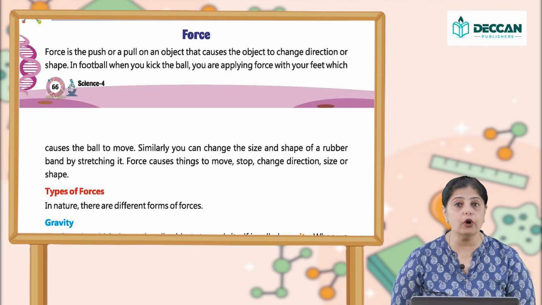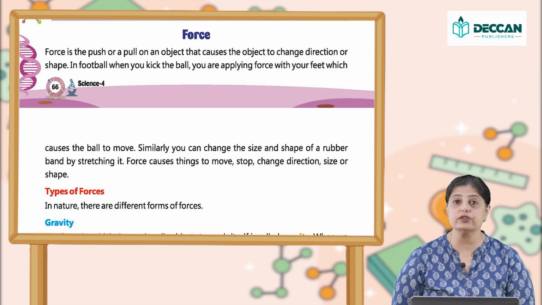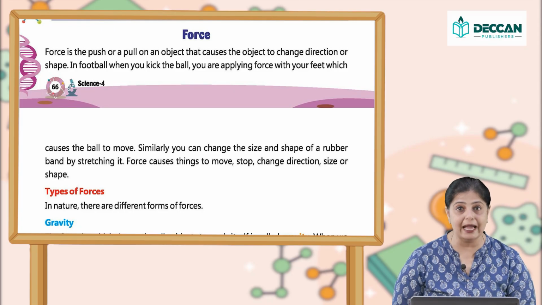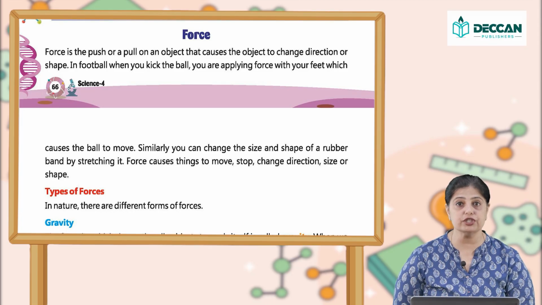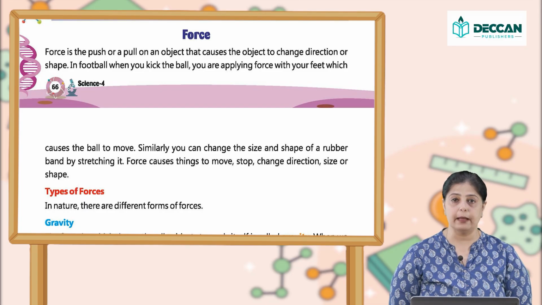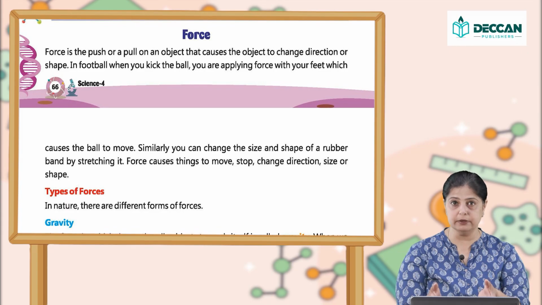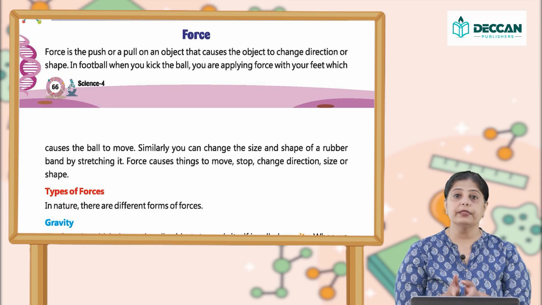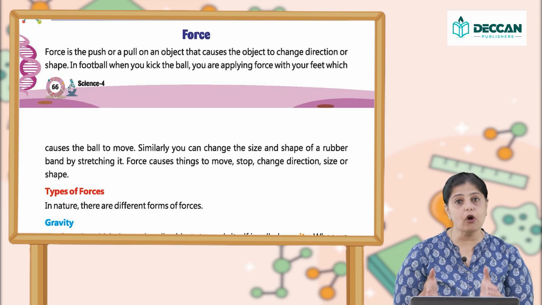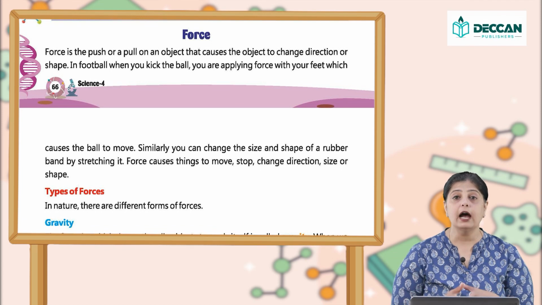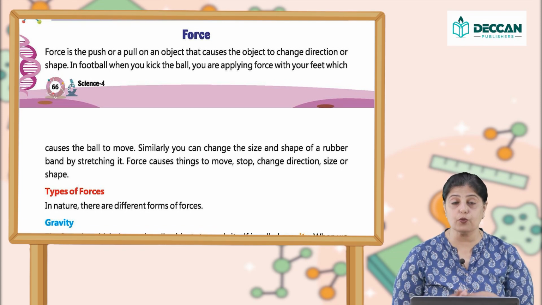Force is the push or pull on an object that causes the object to change direction or to change shape. So, for example, you have kept a table. You see that there is a table in front of you. Now, your mother says to get that small table or the stool, as she needs to remove something from the kitchen. So, what are you doing?